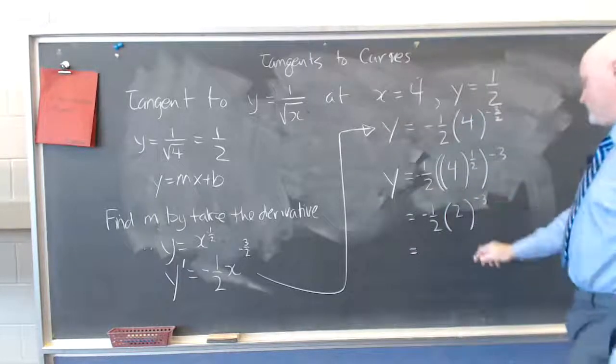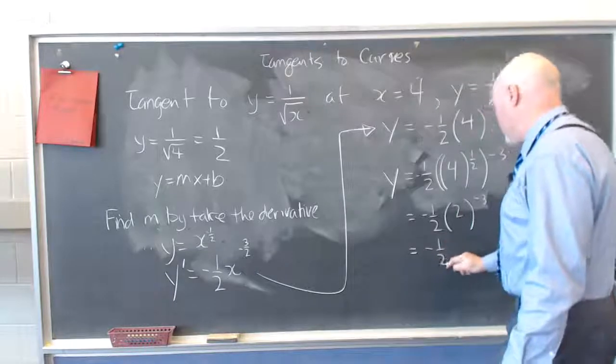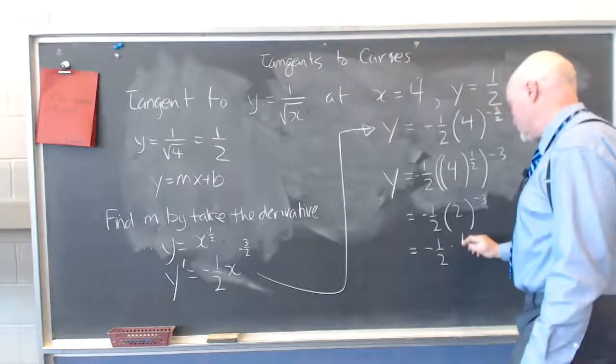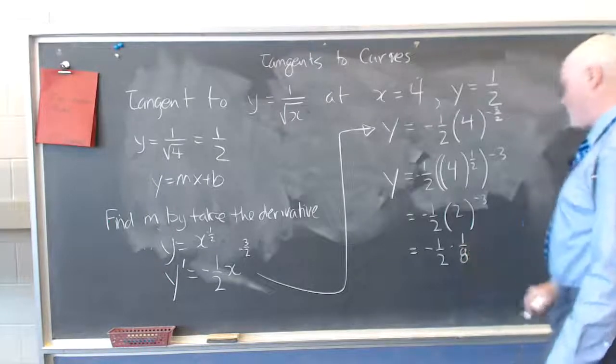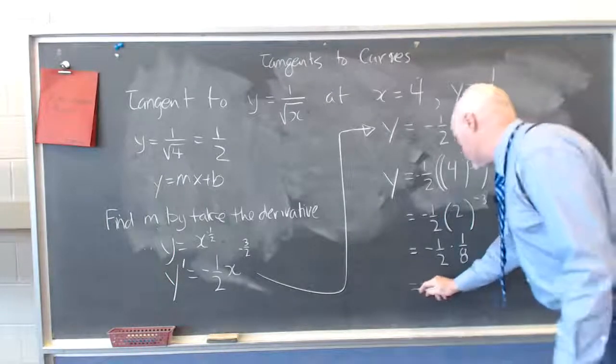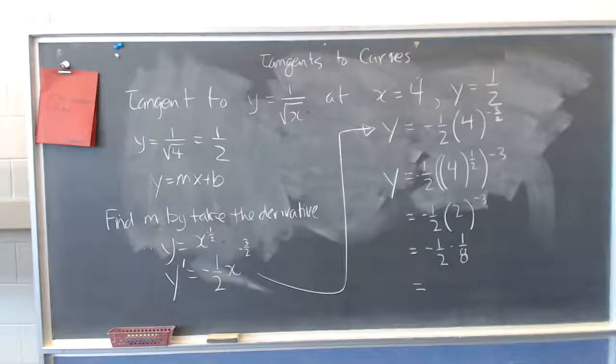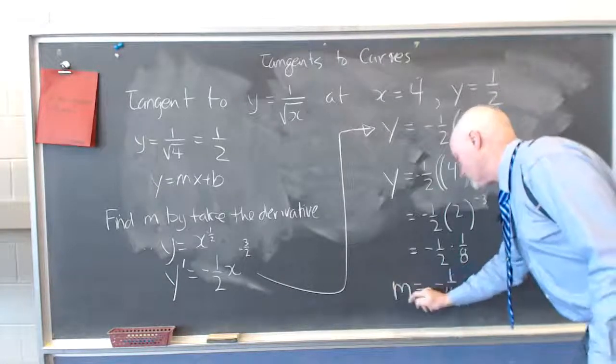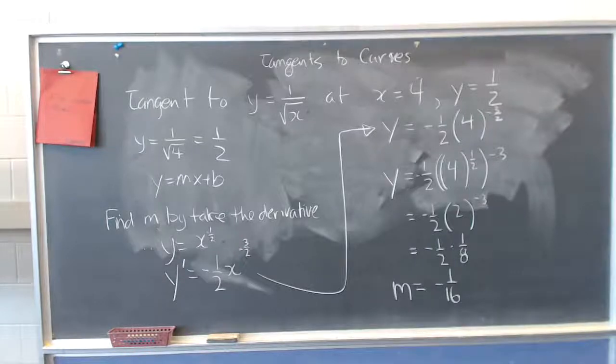And that becomes negative 1/2. And 2 to the exponent negative 3 is 1/8. And so our actual slope is negative 1/16. Oh my goodness. Isn't that awful?